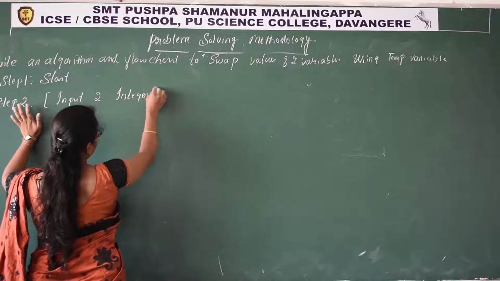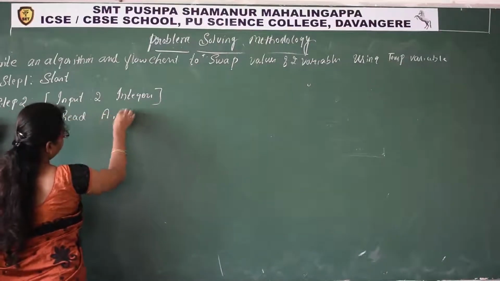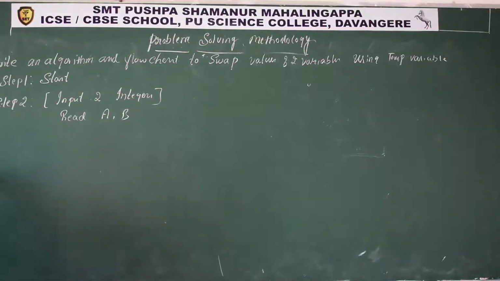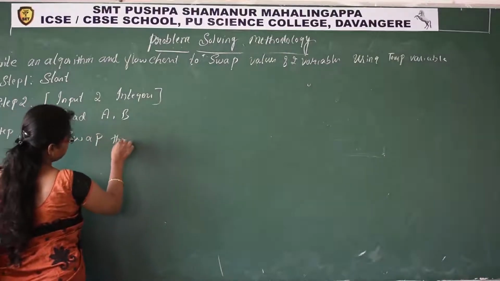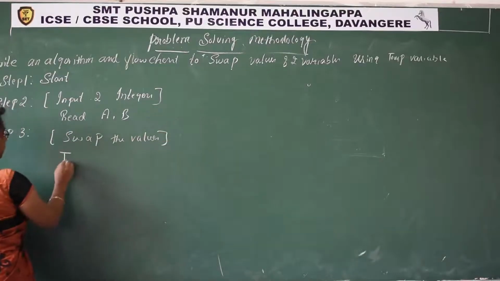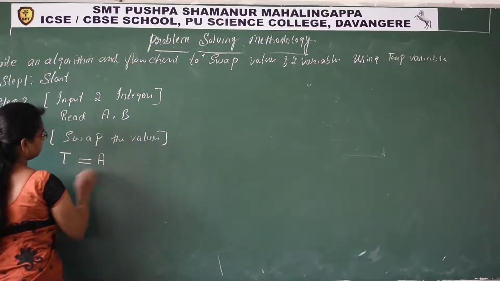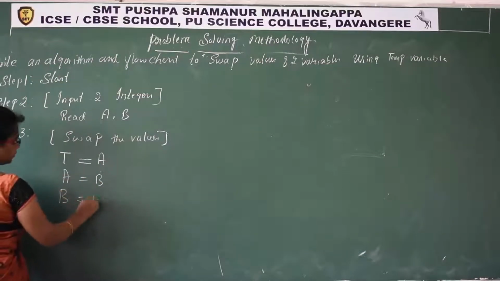Read A, comma B. Next, step 3, we have to swap the values. T is equal to A, A is equal to B, B is equal to T.